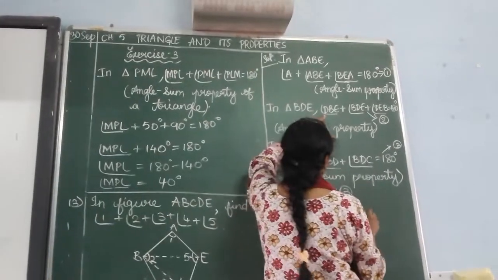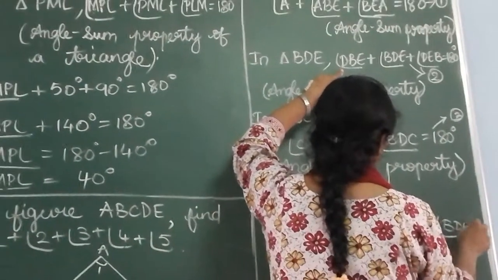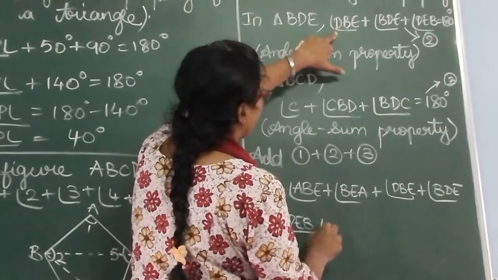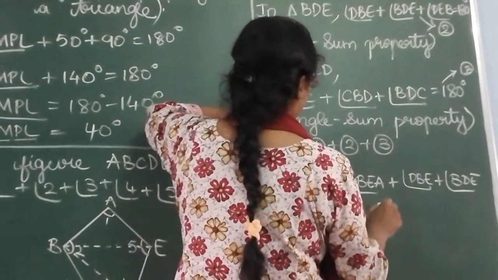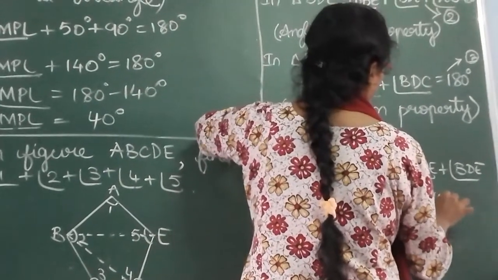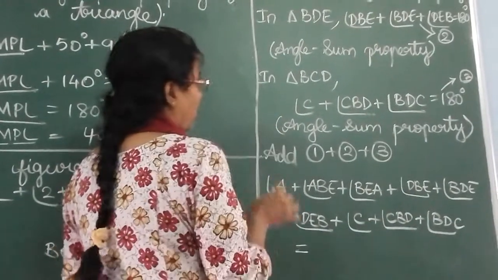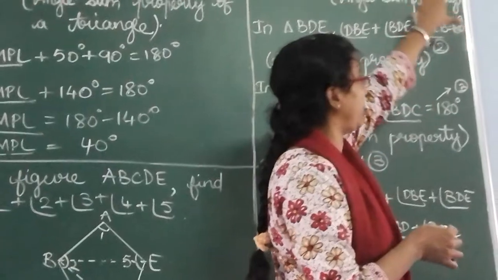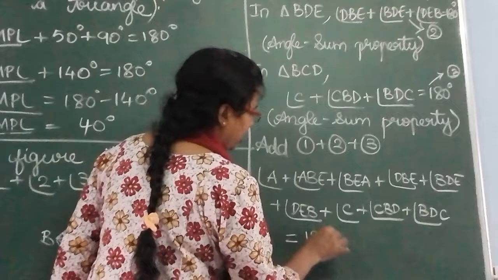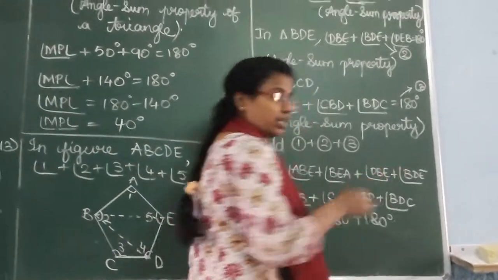Now for the second equation, the left hand side is BDE plus DEB, plus angle C plus angle CBD plus BDC. Now left hand side I finished. This should be equal to the right hand side, 180 degrees plus 180 degrees plus 180 degrees.